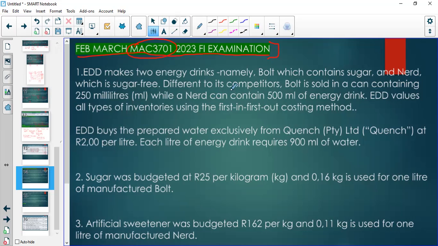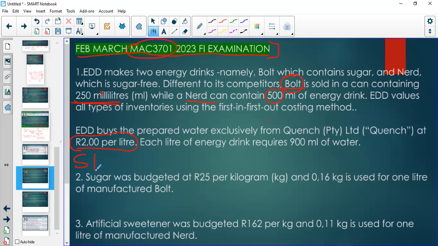There's something very interesting here. We're making two units. One is a Bolt unit, an energy drink called Bolt, and it's 250 milliliters. Look at their trickery. They want you to change this to liters, and the other is 500, and this is NED. They buy their water at a standard price of 2 rand per liter.